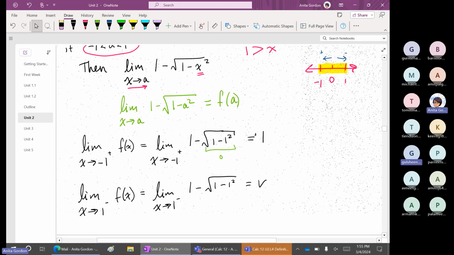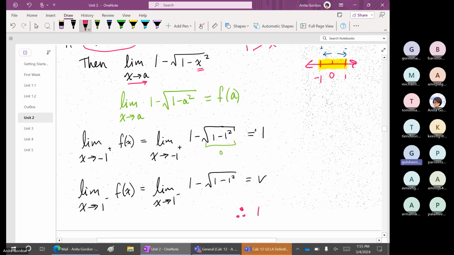So I can say therefore that the left-hand limit equals the right-hand limit and this equals the function at the middle.